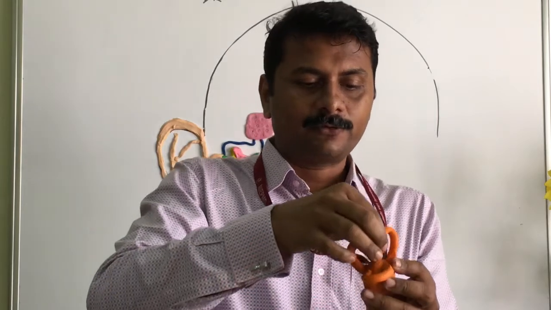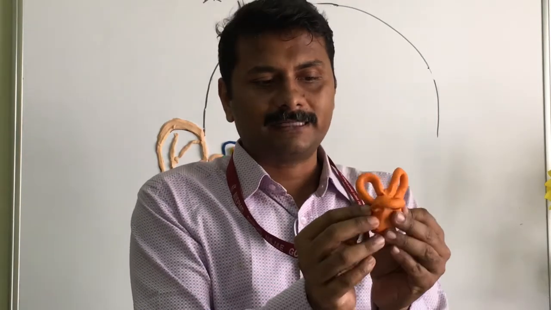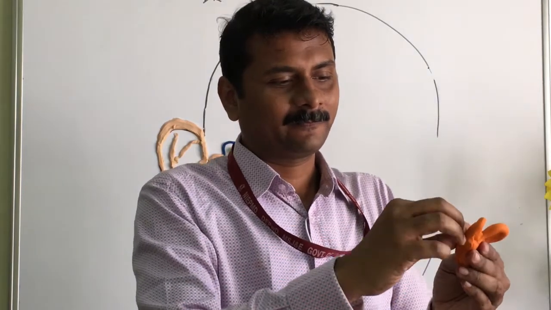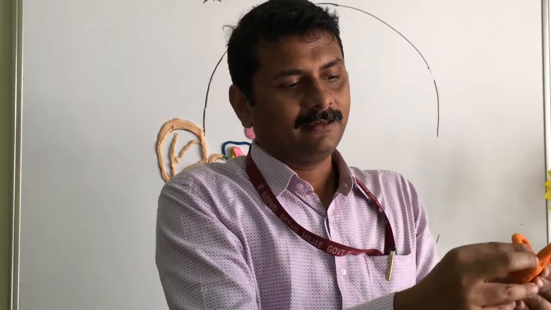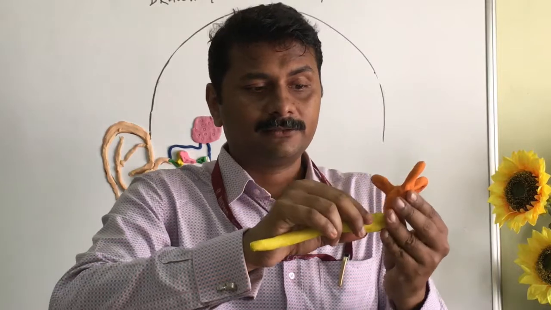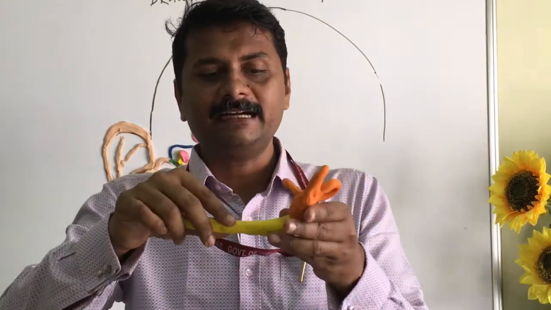So it has 3 semicircular canals, 1 vestibuli. These are enlarged and are known as ampullae, and a cochlea is attached to it. So the entire part is known as the inner ear.